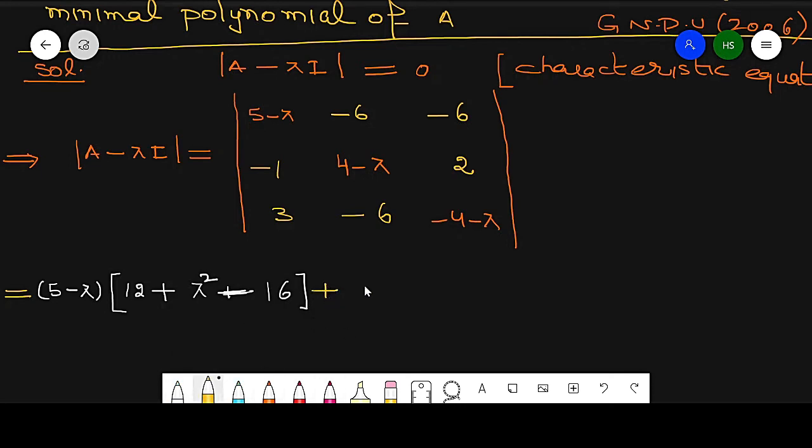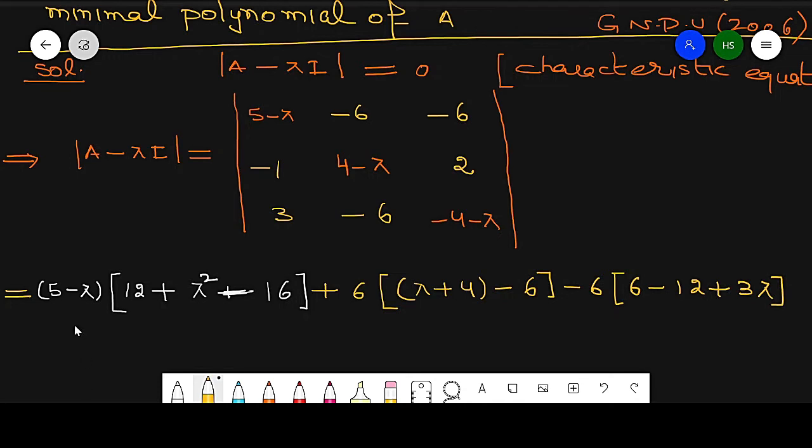Next is plus 6 bracket lambda plus 4 minus 6, and next is minus 6 bracket 6 minus 12 plus 3 lambda.